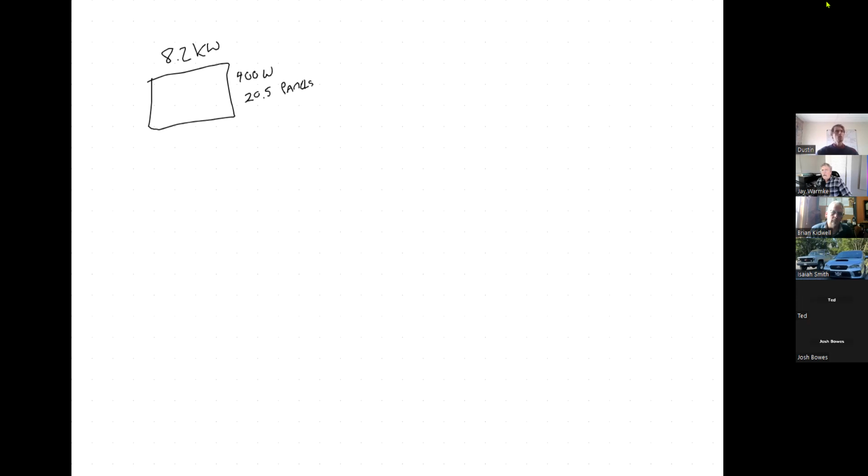And now I need to come in and figure out how many panels in a string. So in this case, how would we figure out the maximum number of panels in a string?